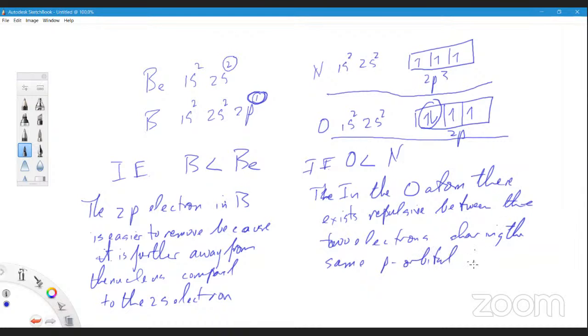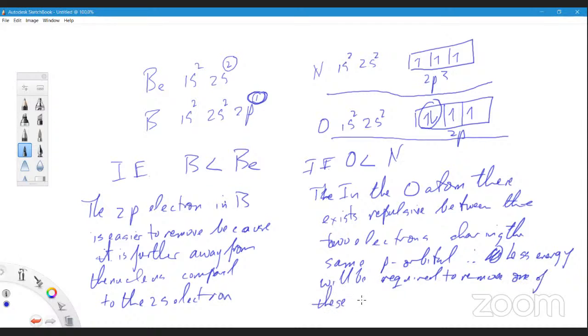Therefore, for oxygen, less energy will be required to remove one of these two electrons, all right?